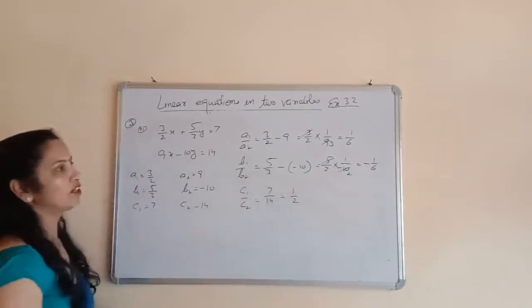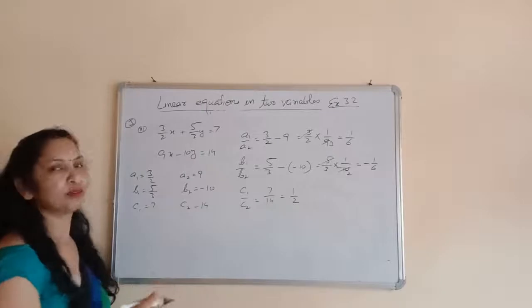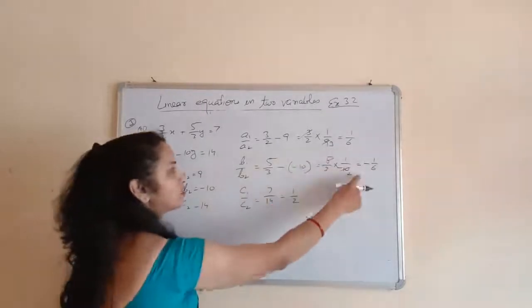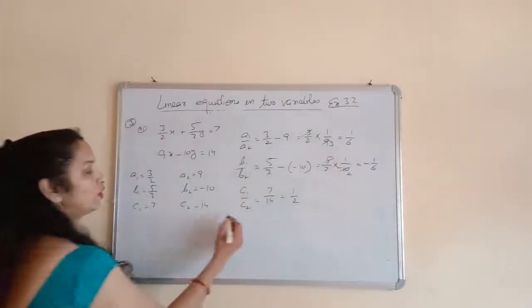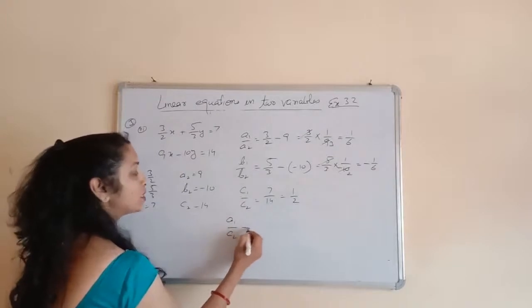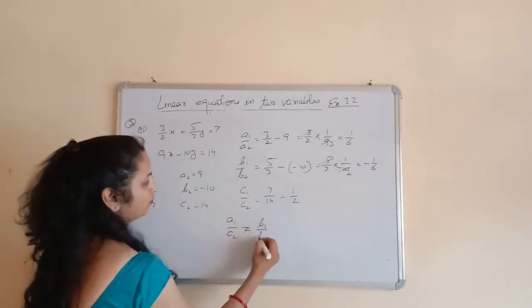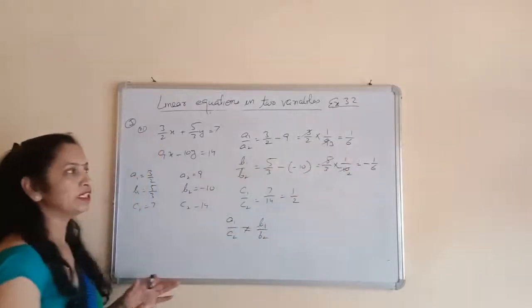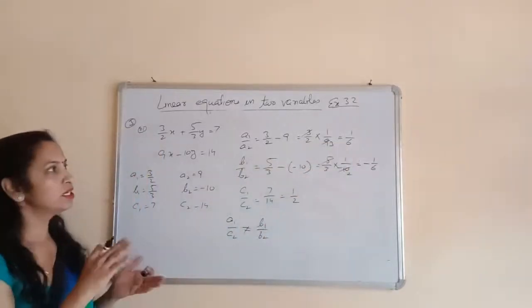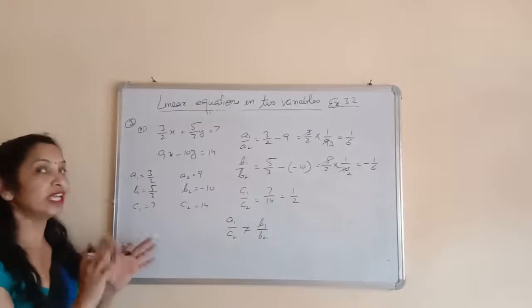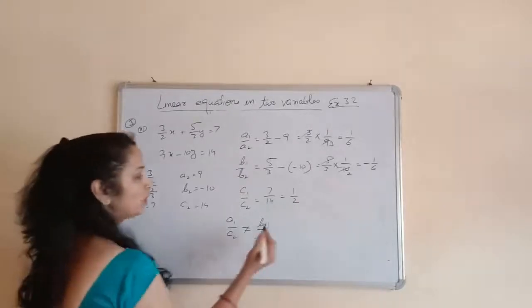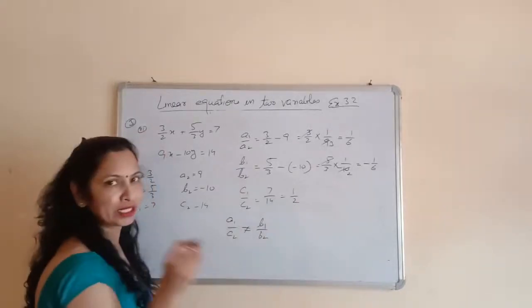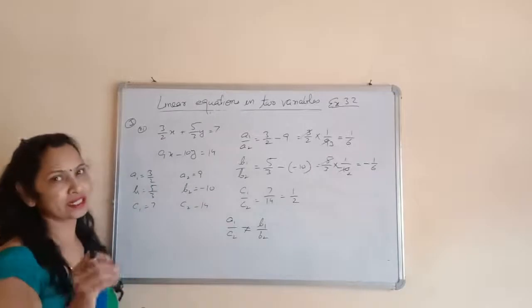So in this part, we can't say that a1 upon a2 is equal to b1 upon b2, because this one is positive and this one is negative. So a1 upon a2 is not equal to b1 upon b2. It doesn't matter that they have the same values; the signs are opposite. So they are different. It means it is a unique solution, and a unique solution is a consistent equation.